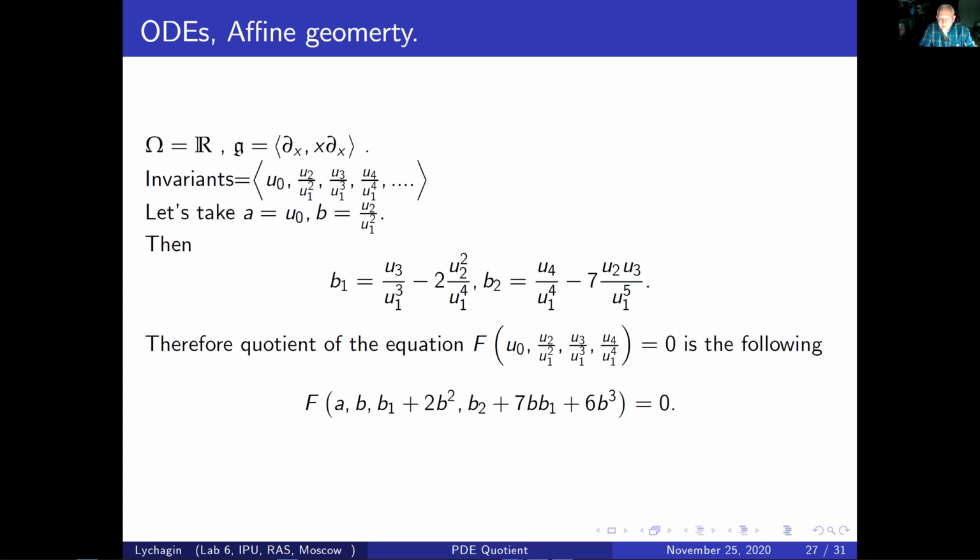And it says to us that if you have an equation of order 4, and it's written in invariants, after passing to the quotient, you will get equations of order 2. And this is what I wanted to mention, that it's more or less a general phenomenon. So if you have an equation of order k and your group has dimension L, then the quotient equation will be of order k minus L.